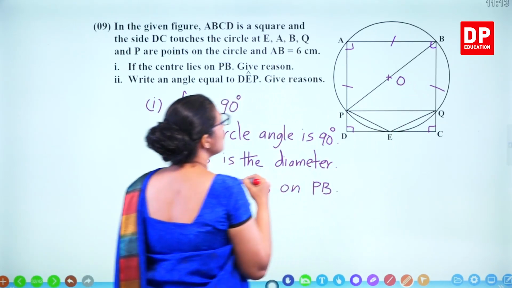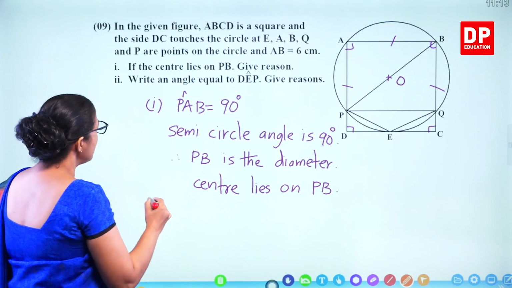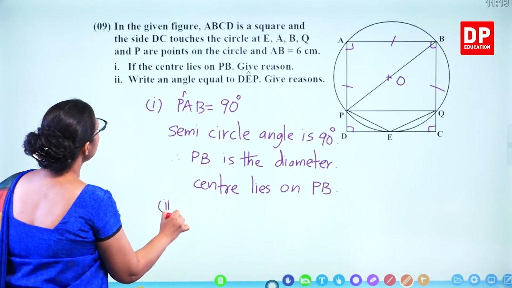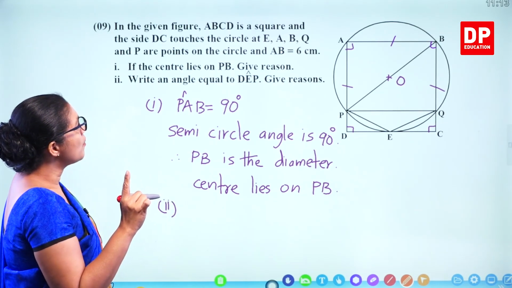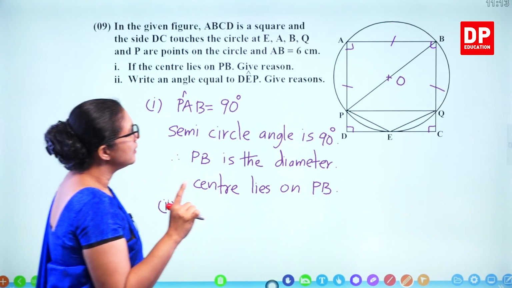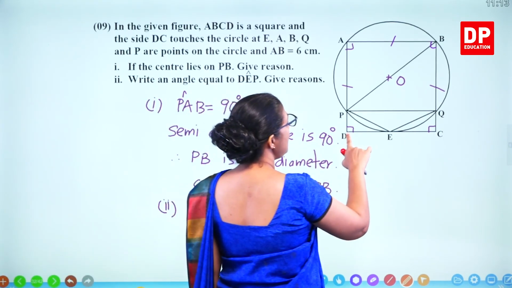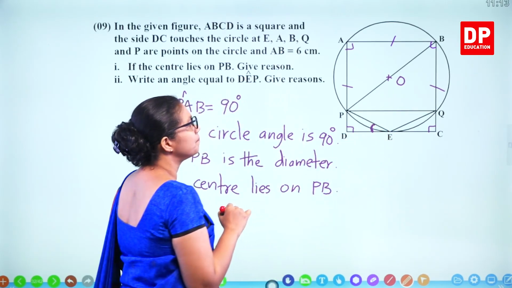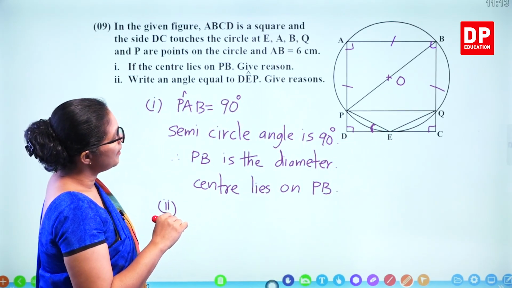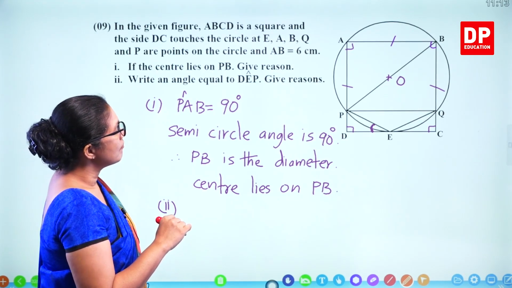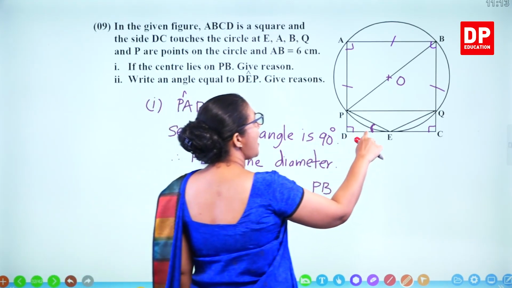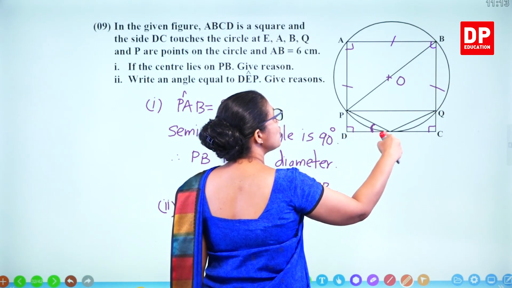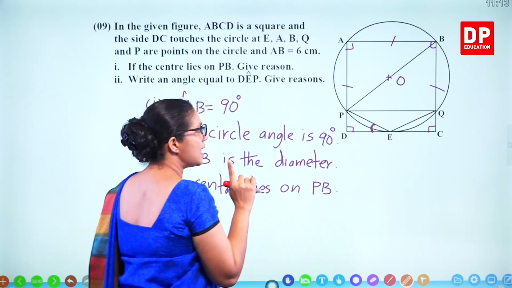We take it as O. Then the second one: write an angle equal to DEP. DEP, this angle. What can you say? This is the angle between the tangent and the chord PE.